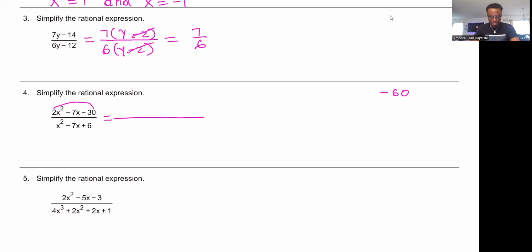So if we need to find these numbers, what are two numbers that multiply to give me negative 60 and add to get negative 7? We know the larger number should be negative.